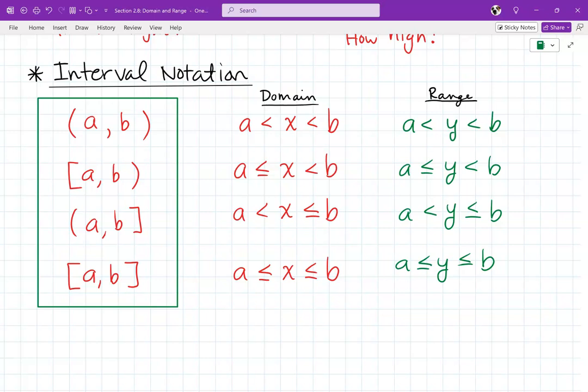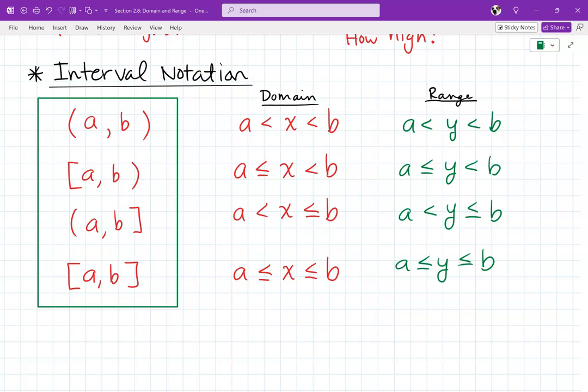Well, basically, the right side is a representation of what those parentheses a, b look like in domain form and in range form. Notice in domain form we have x's in the middle. In range form, we have y's in the middle. The reason is because domain is the x values and range is the y values. So that's what it looks like. But like I said, we're not going to use those. The two on the right side, we're not going to bother with those.